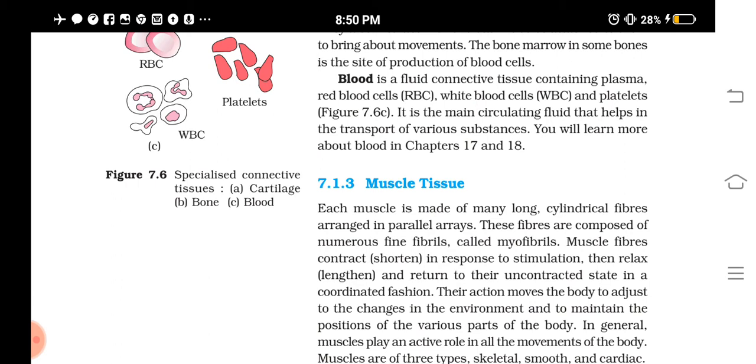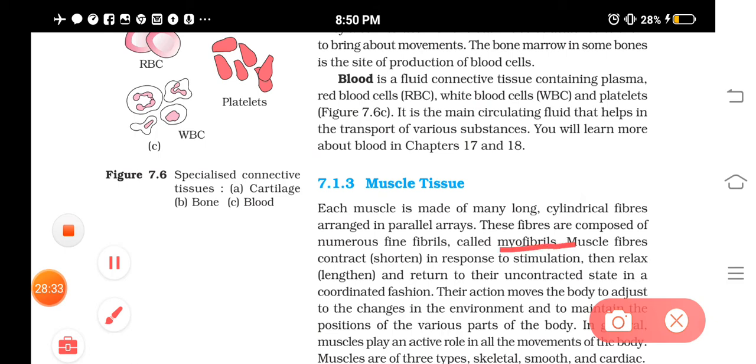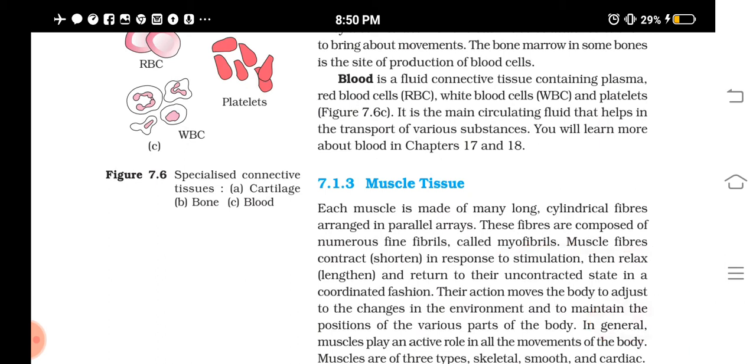This is due to the presence of certain fibers in their cytoplasm known as myofibrils. So the cells of muscles are known as muscle fibers. They contain certain rod shaped proteins called myofibrils.